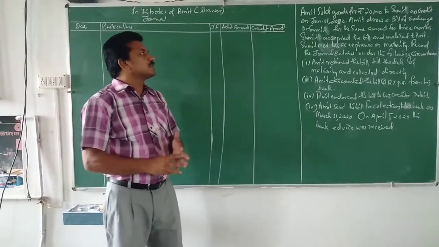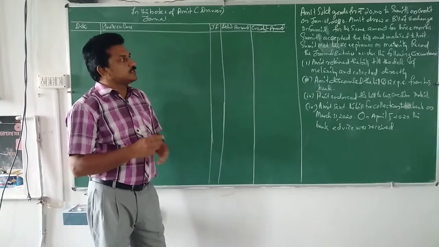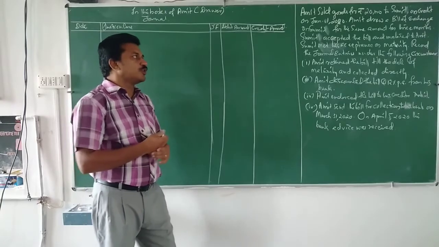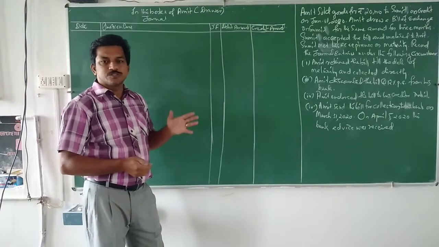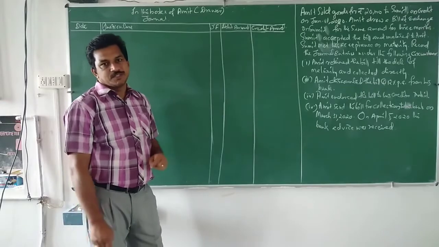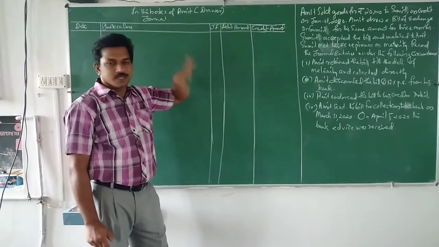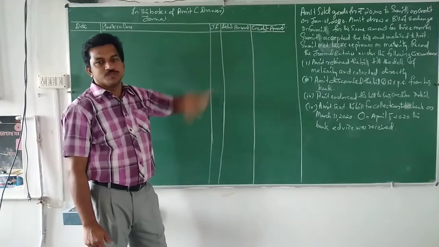Question reads as here: Amit sold goods for rupees 20,000 to Sumit on credit on January 1st, 2020. So it's credit sales for Amit and credit purchase for Sumit.